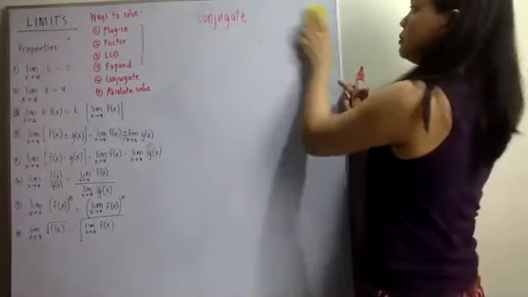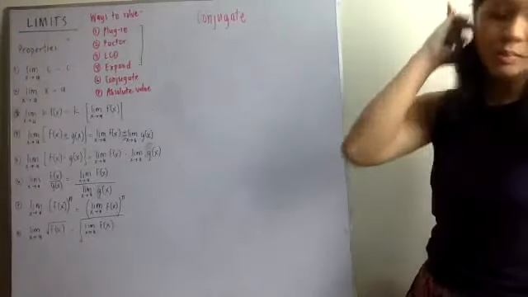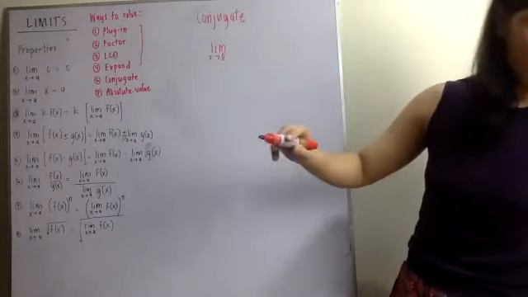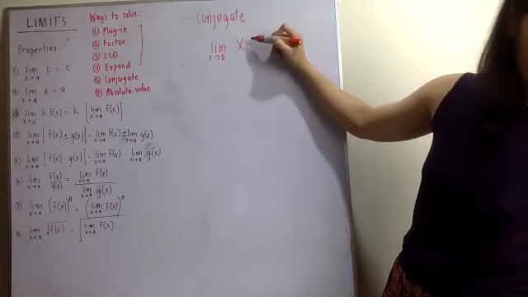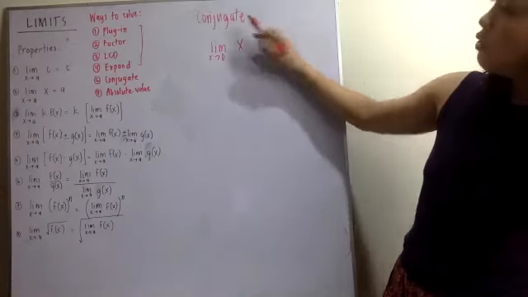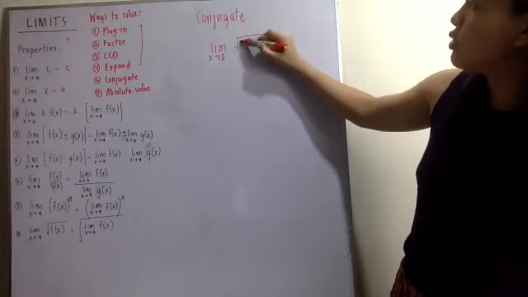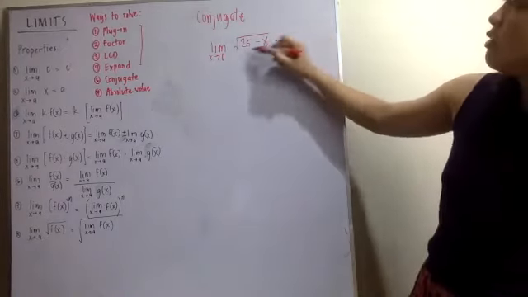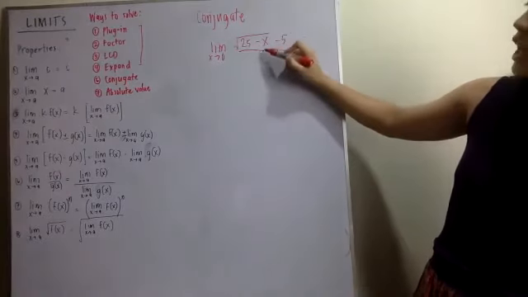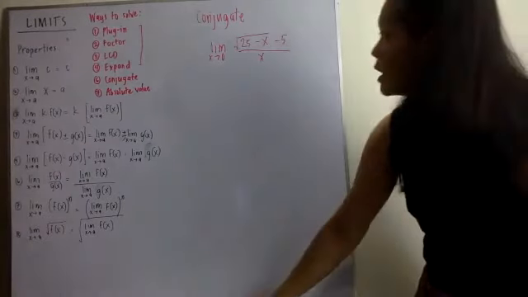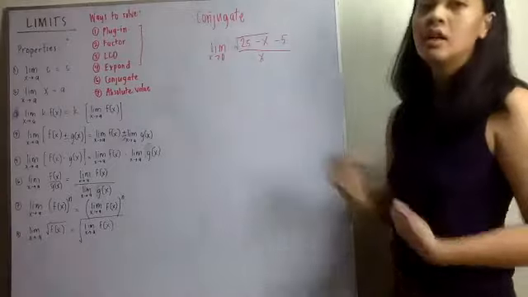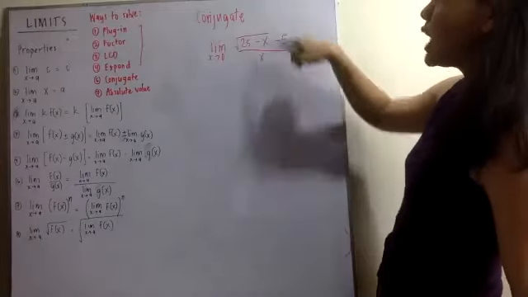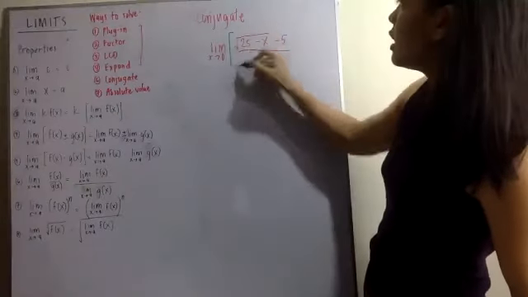Now we apply that concept. If we have the limit as x approaches 0 of the square root of 25 minus x, minus 5, over x, there's nothing to cancel and nothing to expand. We have a square root, so let's apply the conjugate.